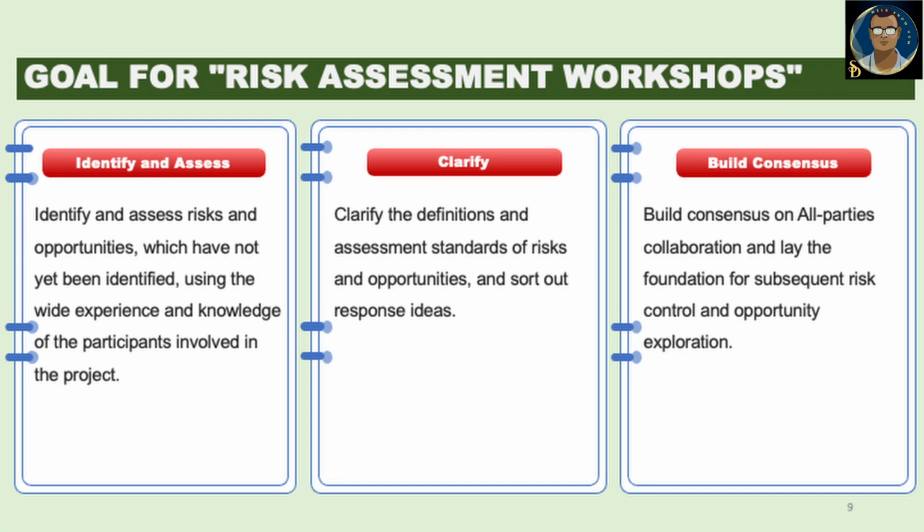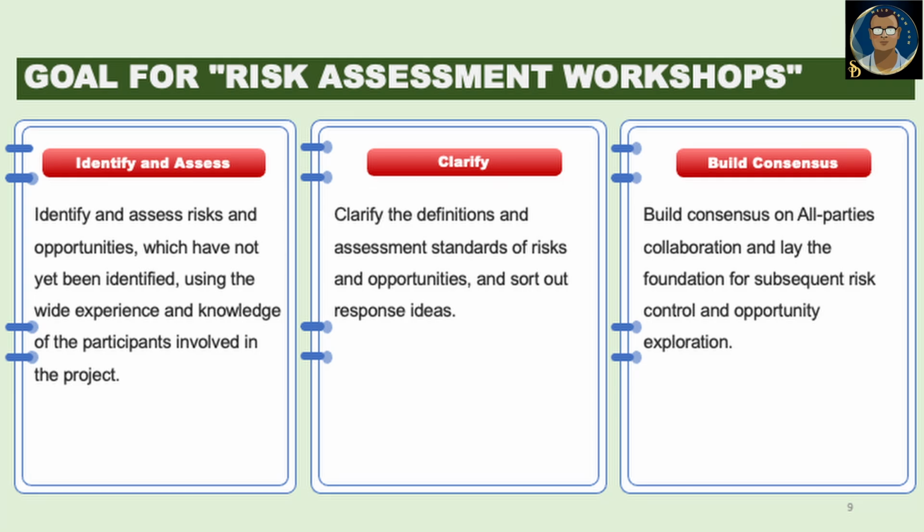Let us check the goal for the risk assessment workshop in 3 bullets. Identify and assess: identify the risks and opportunities which have not yet been identified, using the wide experience and knowledge of the participants involved in the project.